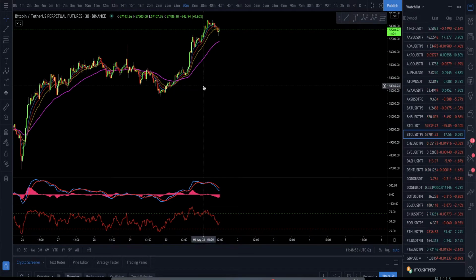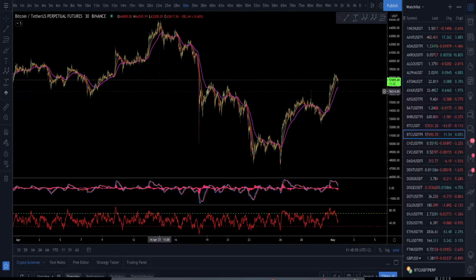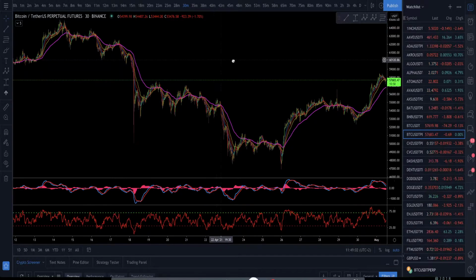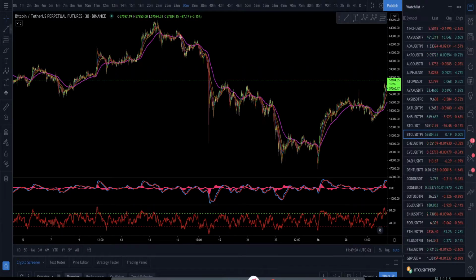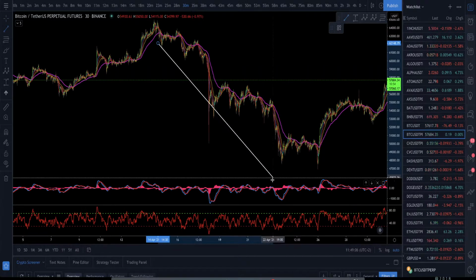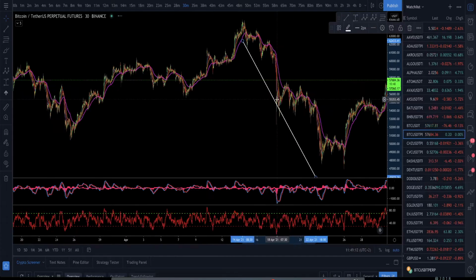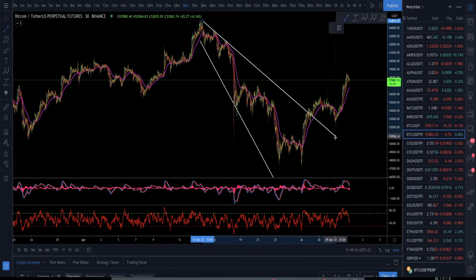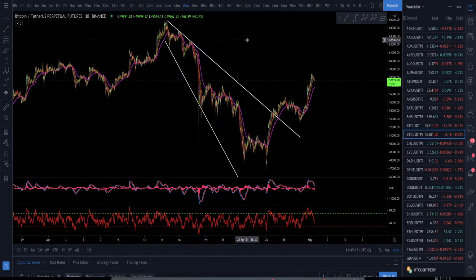And let's look for another place where we can see that. Look at this one, right? Yes, reversed pattern, right?